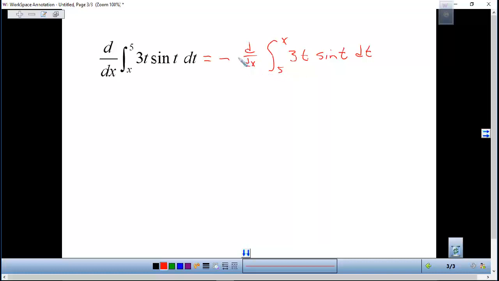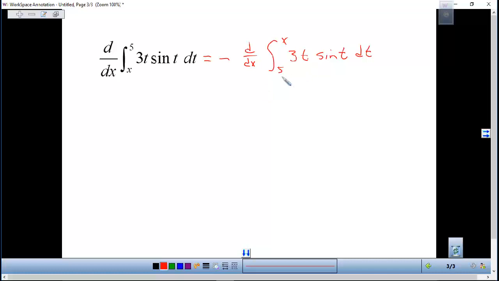So in this case, that negative right there, we've got that rule that says if we throw a negative out front, we can flip our upper and lower bounds. All right, so at that point, we check. Do we have the derivative of the integral? Yes, we do. Does the derivative match the upper limit of integration? Yes, it does in variable form. And then, is the lower limit of integration a constant?